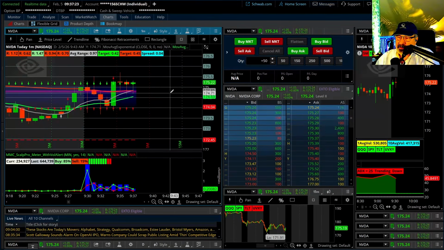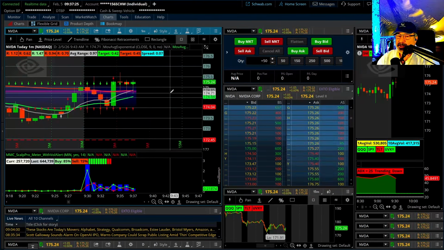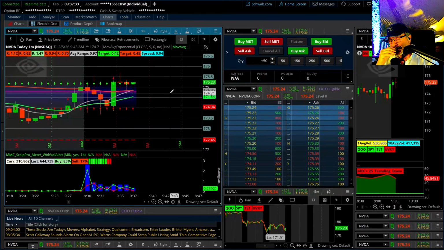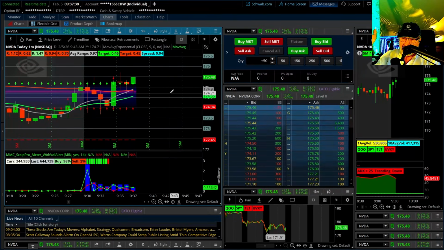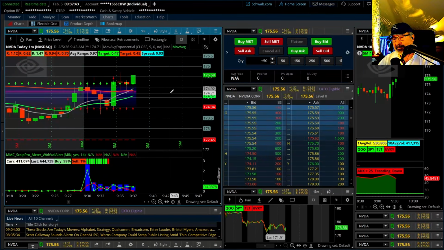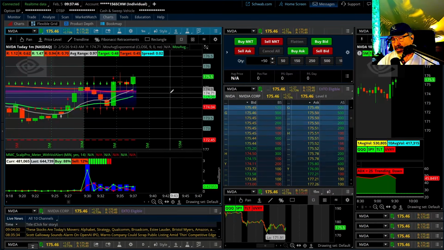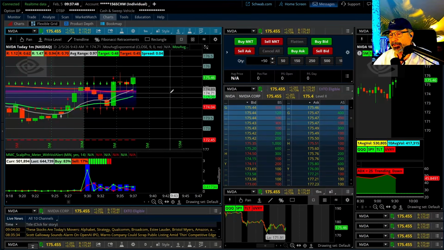You might get lucky, but it's more luck, unless you have definitive levels to trade off of. Otherwise you have a bias, and that's it. So I like to have a bias, but I want levels. And if you're just going parabolic and you've broken all the levels, you don't know when that's likely to stop. So you're getting on the ride and you're making money. As long as you can control yourself and get out, more power to you.